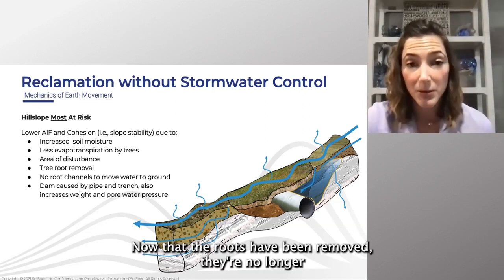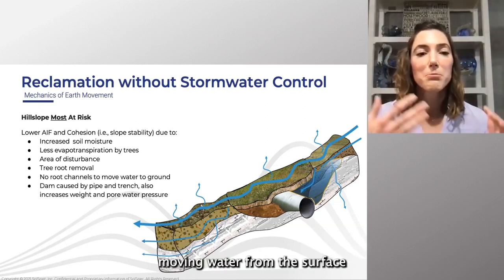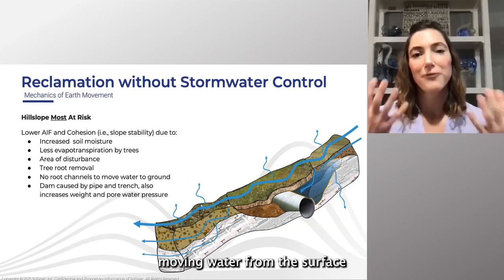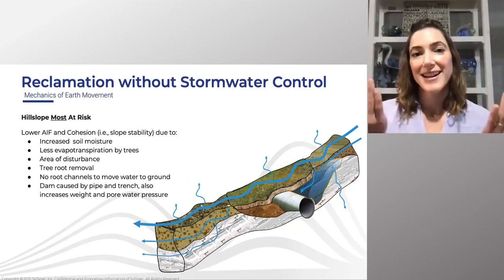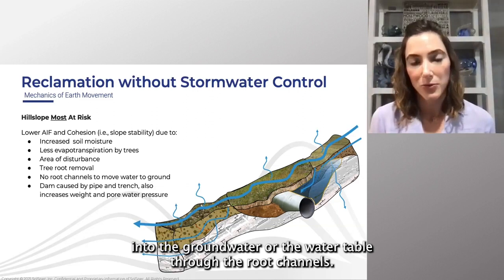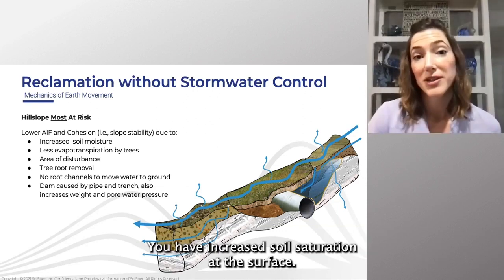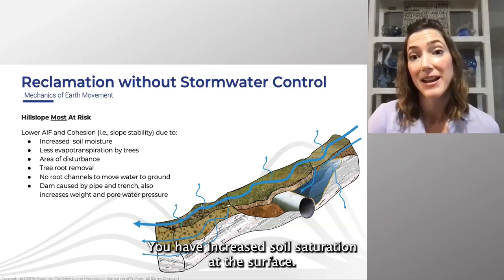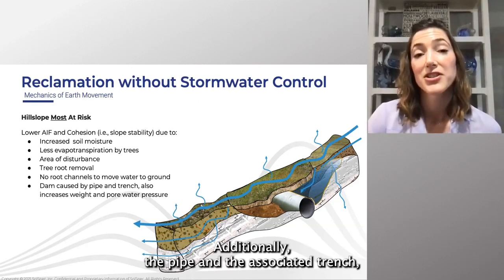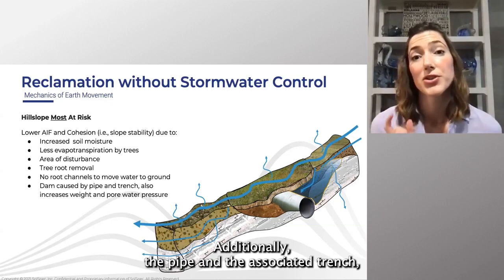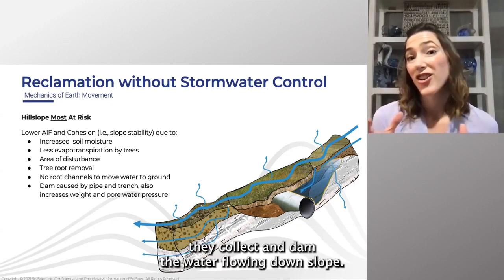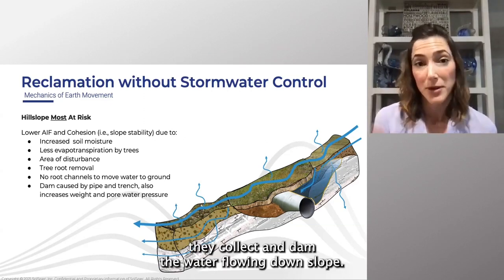Now that the roots have been removed, they're no longer moving water from the surface into the groundwater table through the root channels. That's a problem. You have increased soil saturation at the surface. Additionally, the pipe and the associated trench collect and dam the water flowing downslope.